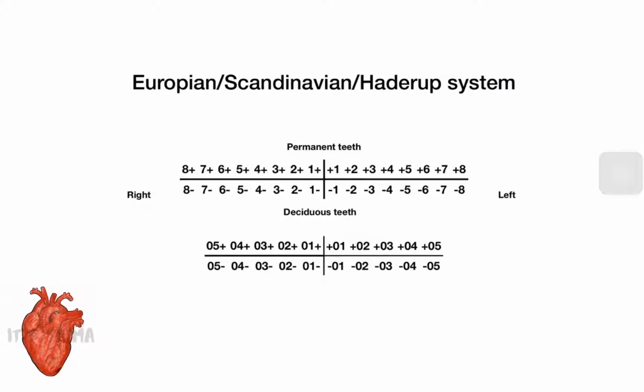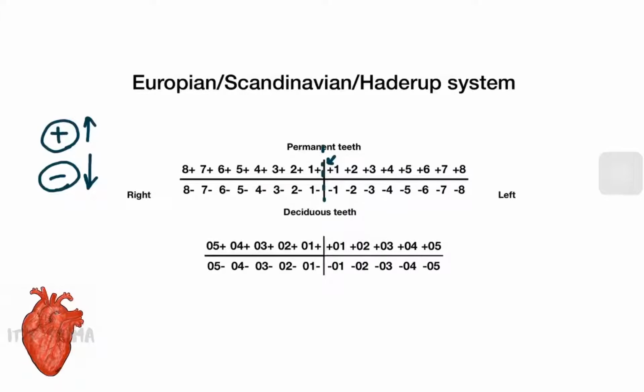And the European system. The plus shows that the tooth belongs to the maxillary or upper arch, and the minus shows that it belongs to the mandibular or lower arch. So the plus and minus show in which arch the tooth is located, and the sign will always be near the midline.